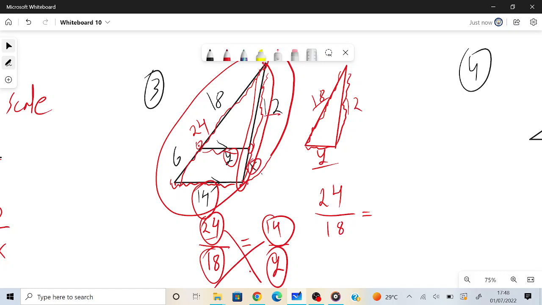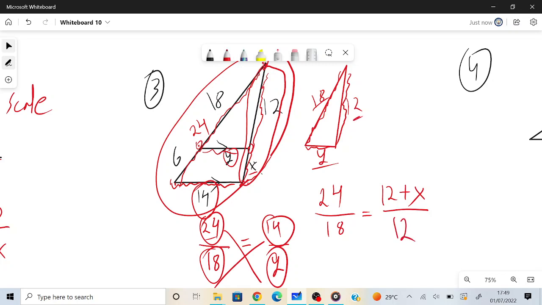You might not see it because I have scribbled a bunch of lines. Yep, that x over here. So the whole of this is simply 12 plus x. So we now have 24 over 18 equals 12 plus x all over the 12, which is over here.